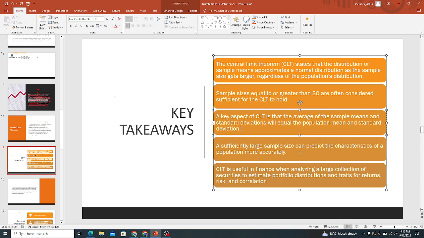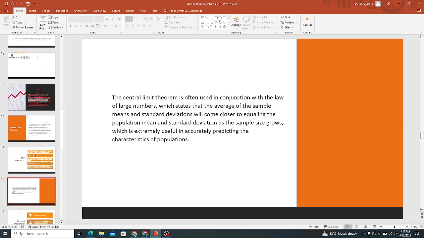Okay, and the central limit theorem is useful in finance when analyzing a large collection of securities to estimate portfolio distribution and trades for returns, risks, and maybe correlations. All right.